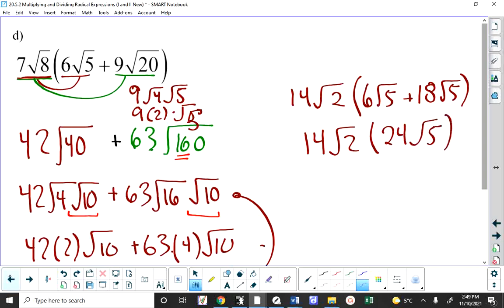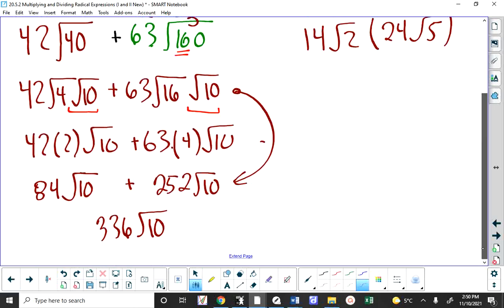So what do we get? We get 14 times 24. Man, that better be 336. If it isn't, we've just discovered a hole in the universe. 336 root 2 times root 5 is root 10. And in this case, it's getting us there a lot quicker. It won't always. This is a very strange thing. You'd think that if we can figure out one way that's quicker, it's always going to be quicker. Sometimes it isn't. And when we get to dividing, which we'll get to next week, it can get even more complicated.